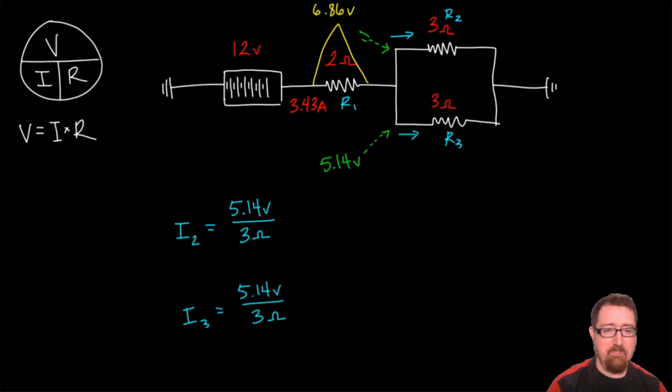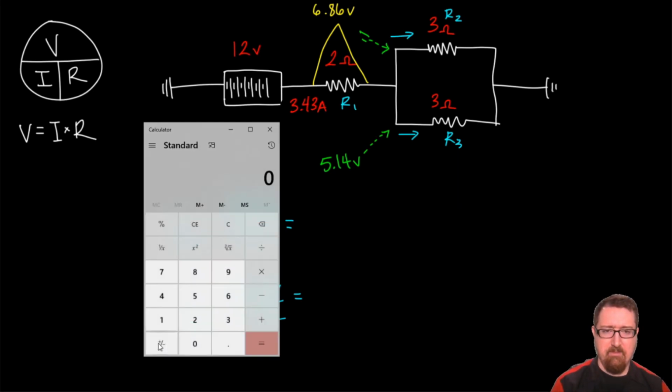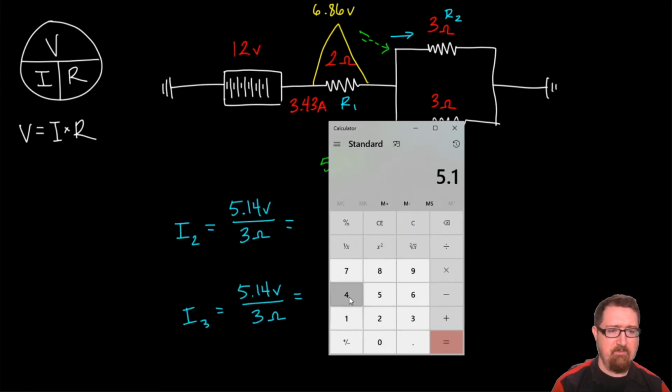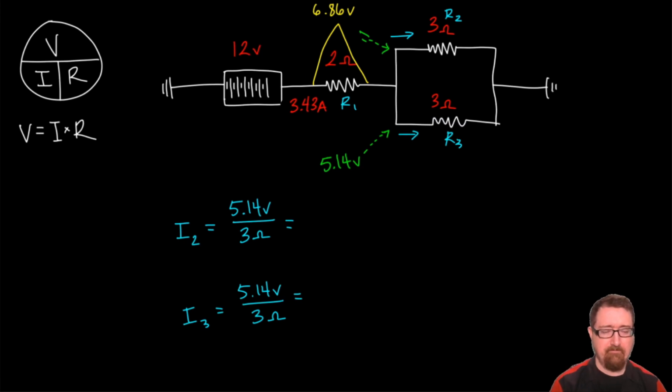So it's going to be the same current in both branches because our resistors are the same. So let's go ahead and bust that calculator out again quick here. We have 5.14 divided by 3. So we're looking at 1.71. That's pretty close. Okay, so 1.71 amps.